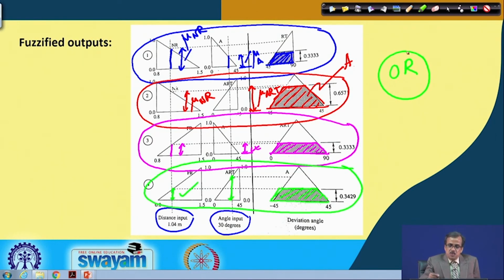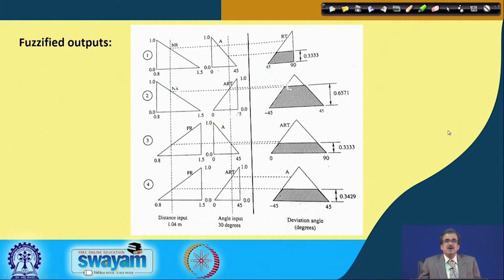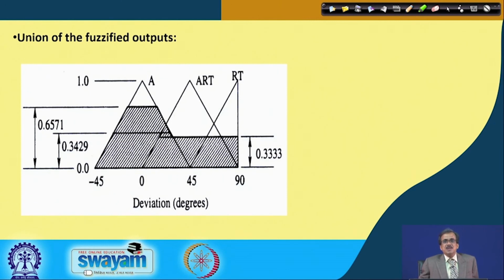So, we will have to superimpose all such fuzzified outputs, the truncated areas whatever we have got, and then use this OR operator or the max operator, just to find out the fuzzified output considering all four fired rules. Now, considering all the fired rules, we will be getting this type of area.